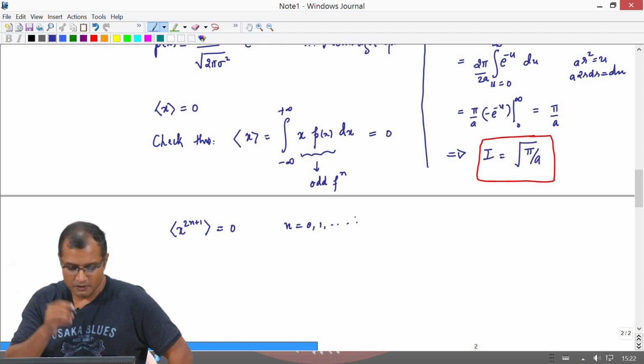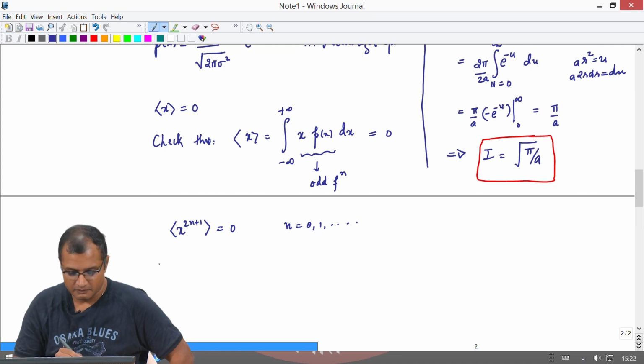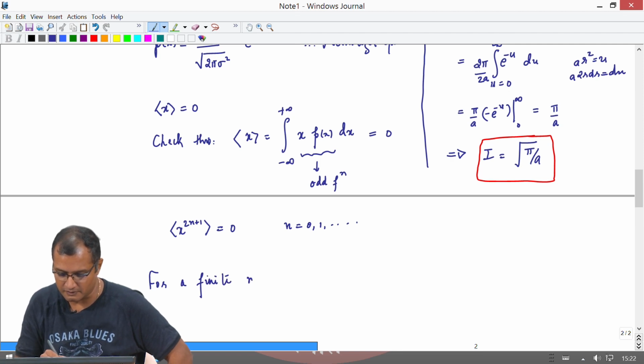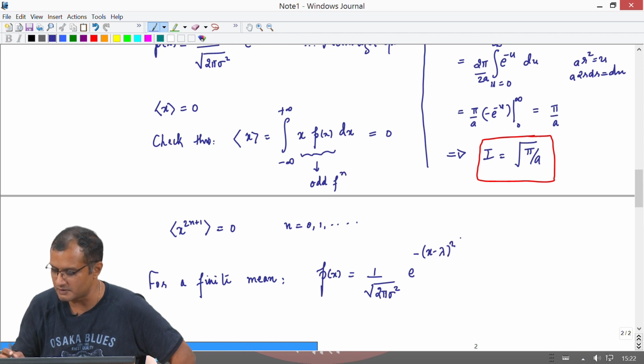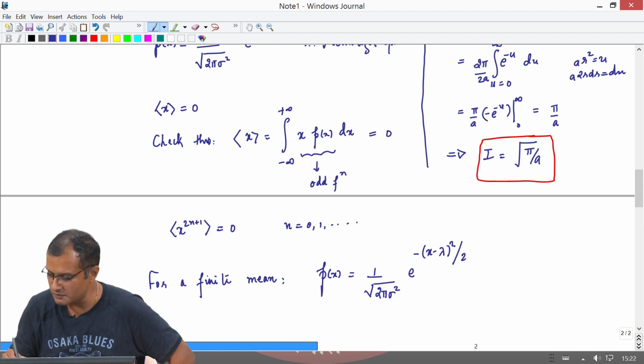But we can also write down a Gaussian distribution with finite mean. Okay. So, for a finite mean, you can rewrite the Gaussian distribution as p of x equals, everything remains the same, it is just that you accommodate for a finite mean as x minus lambda to the power 2 upon twice sigma square.